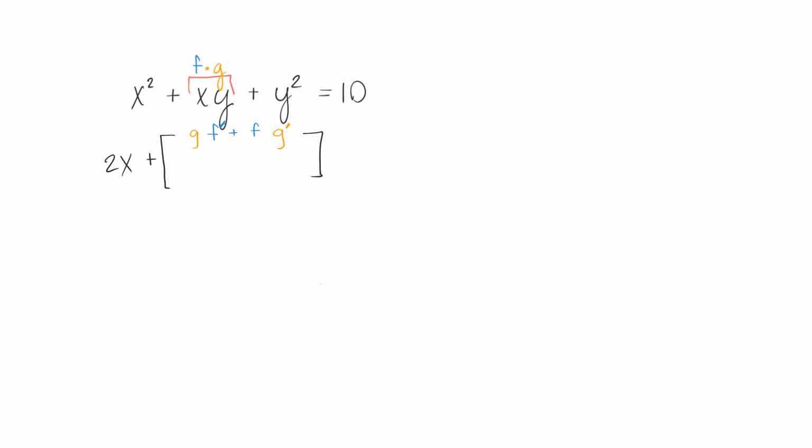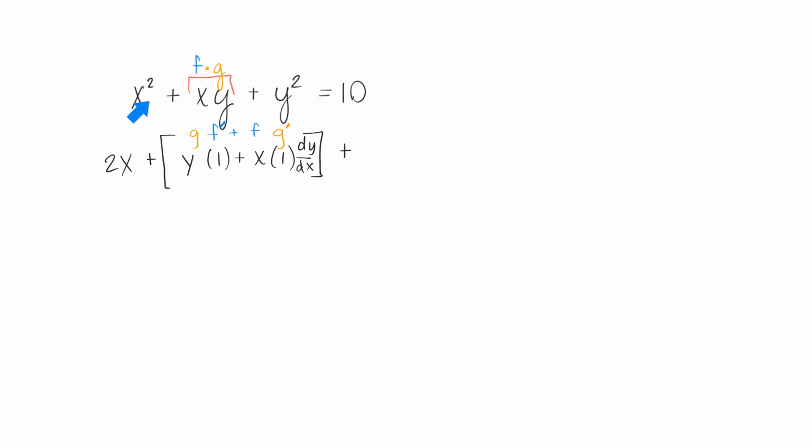G is y, and the derivative of f, which is x, is 1, plus f, which is x, times the derivative of g, which is 1, but when you take the derivative of y, you need to multiply by dy/dx. Okay, keep moving.